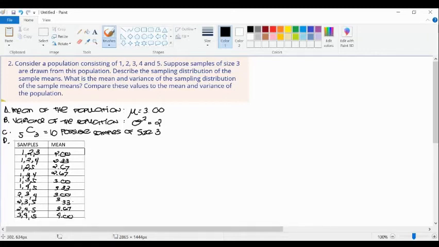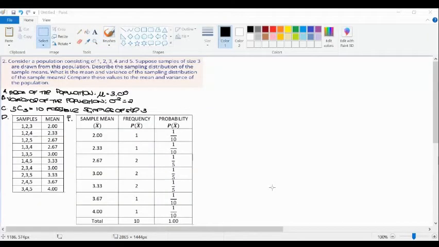The next step, we're going to construct the sampling distribution of the sample mean. Let's arrange the sample means in ascending order. So we have 2.00, 2.33, 2.67, 3.00, 3.33, 3.67, and lastly 4. For the sample mean of 2.00, it appeared only once, in the sample of 1, 2, and 3, and its probability is 1 over 10.